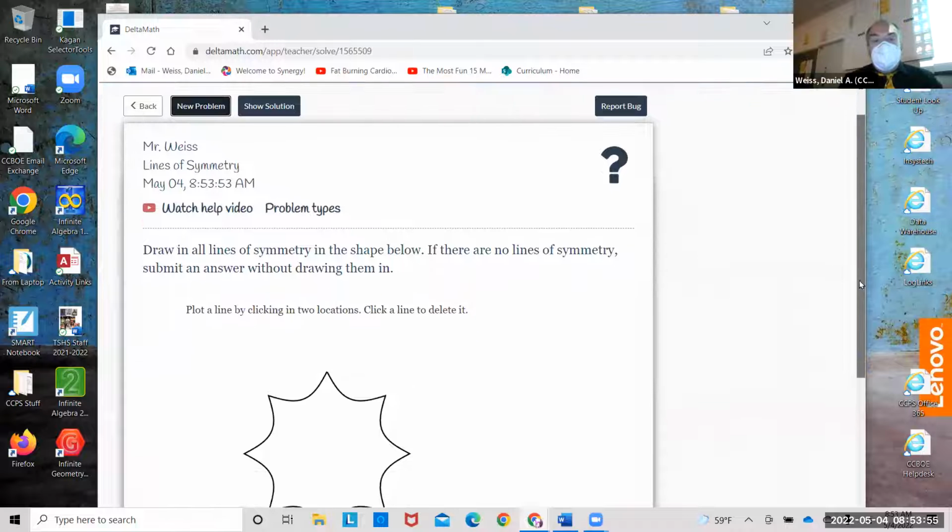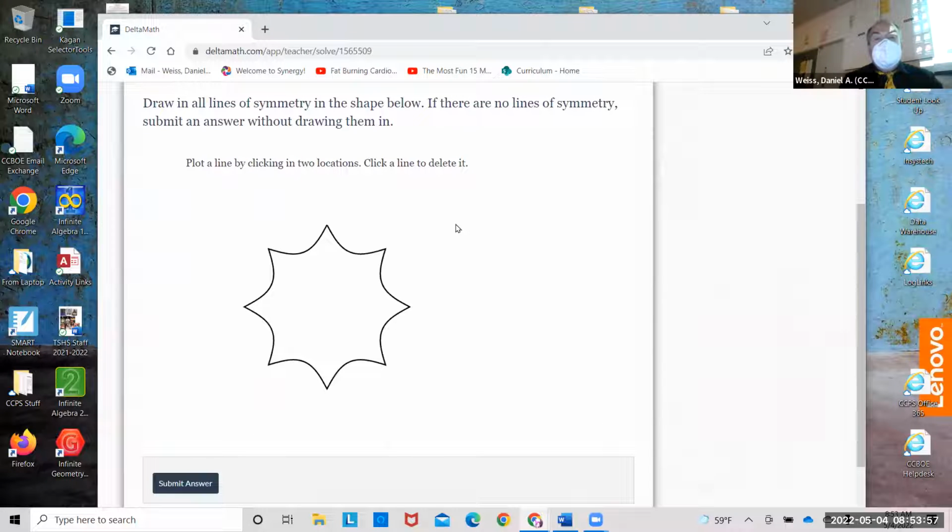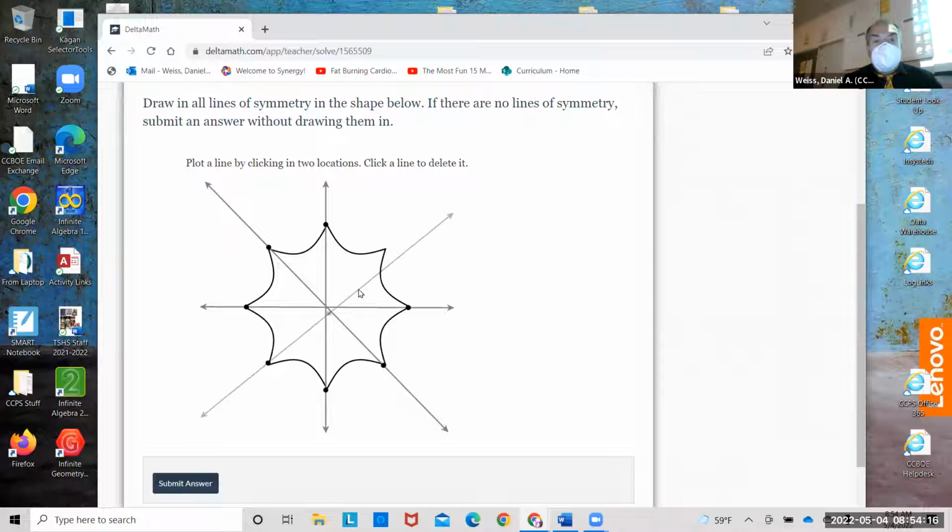Now here, this is interesting. To the best of your ability, for example, there's a line of symmetry here. And then there's here. And then here. And then here. Now the situation is this.